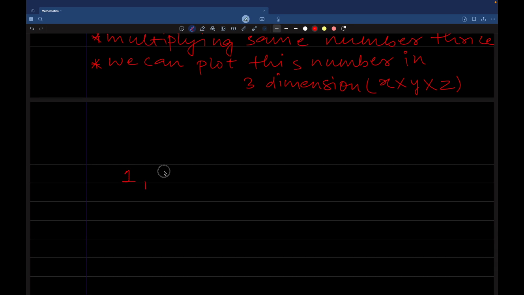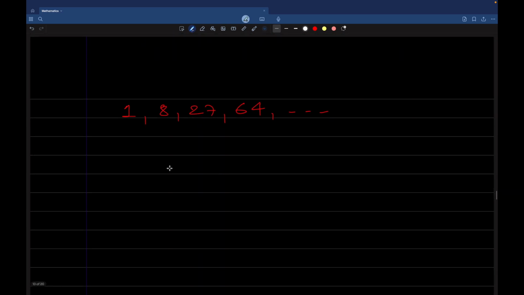Cube numbers are 1, 8, 27, 64 and so on. Let's try to plot this graphically. 3 dimensions x cross y cross z, we can visualize like this. This is the xy direction, and this is the z direction.